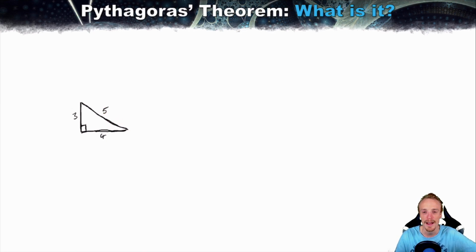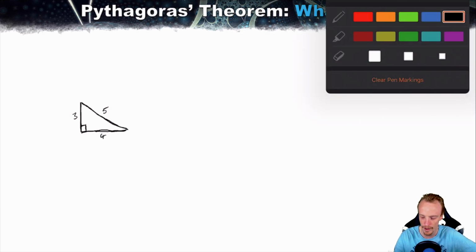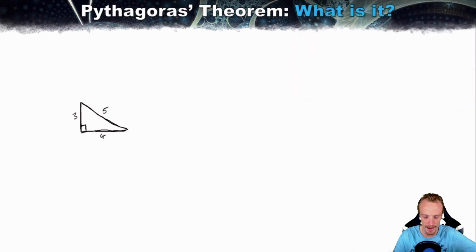If you've got any size right-angled triangle, what Pythagoras' Theorem says is that if I create a square out of each side, let's take the longest side first, which happens to be known as the hypotenuse, we'll get to that later. We'll take the hypotenuse and form a square out of it.